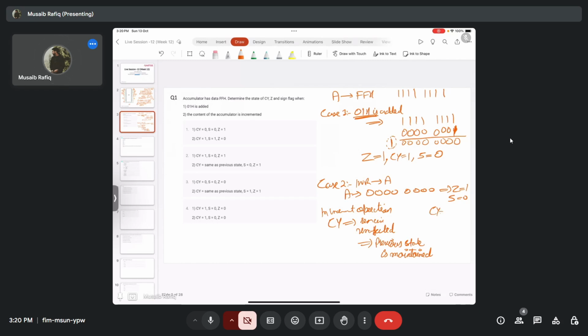So we have zero flag equal to 1, sign equal to 0, and carry equal to previous state, for case 2. So I think it's option 2, which is your correct answer. Any doubts in here? You can ask, otherwise you can proceed to the next question.